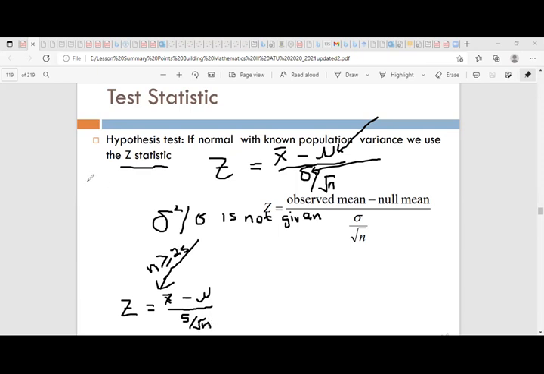You remember in the beginning we said that S squared is an estimator of your population variance. So in the event where you don't have the variance or the standard deviation from the manufacturer, or from whatever test you've been asked to conduct, then you make use of the sample standard deviation.